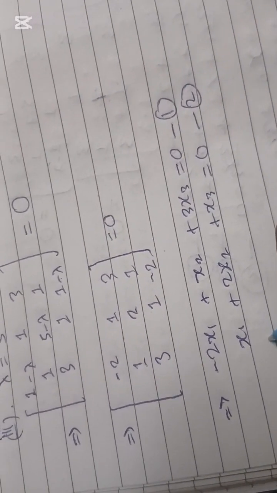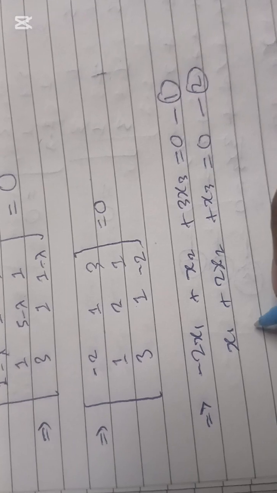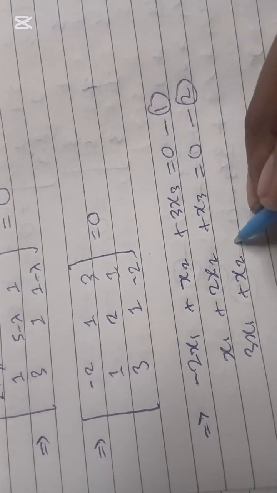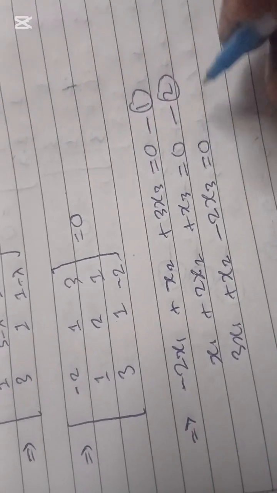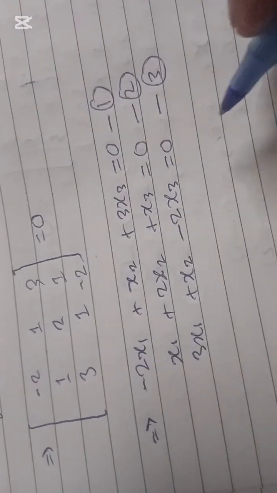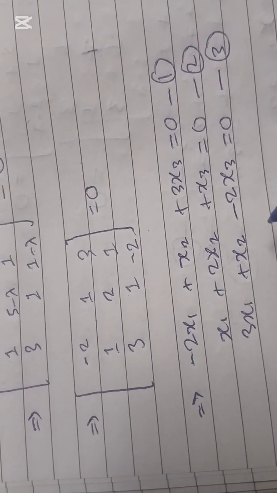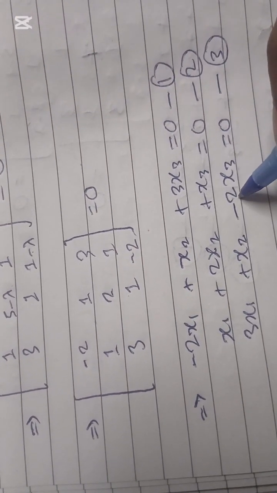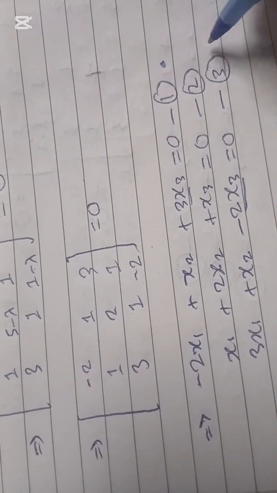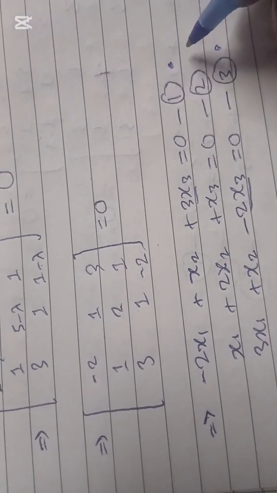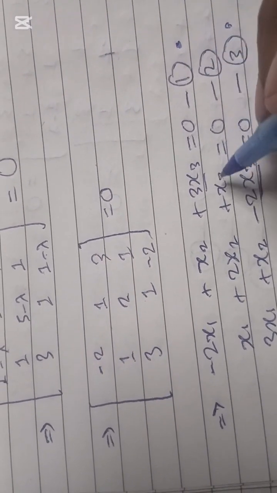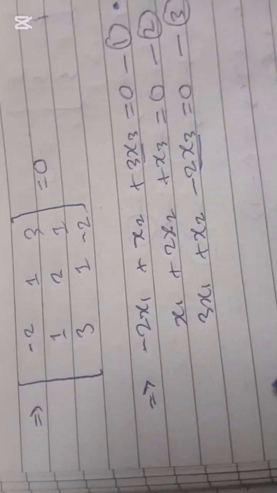Equation 2: x1 plus 2x2 plus x3 is equal to 0. We just repeat the same steps that we followed in the past. So 3x1 plus x2 minus 2x3 is equal to 0. This is equation 3. So we look for similarities. This equation 1 and equation 3 are similar, so we exclude them, we never use them. We just use equation 1 and 2 because they are not similar, they are different.